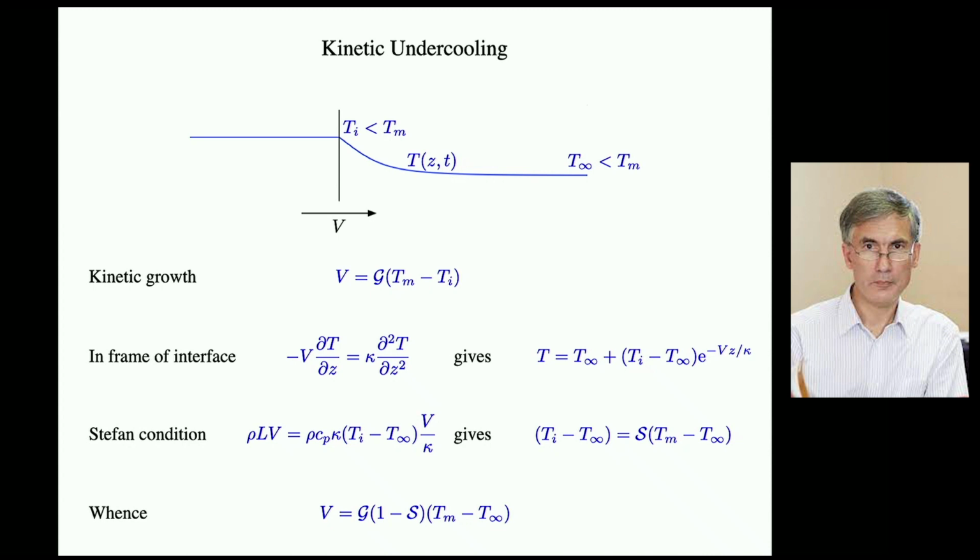We can put that interfacial temperature into the kinetic growth law and find that V is equal to our kinetic parameter G times the temperature difference Tm minus T infinity, that's a material property, times 1 minus S. And this works out for S less than 1.